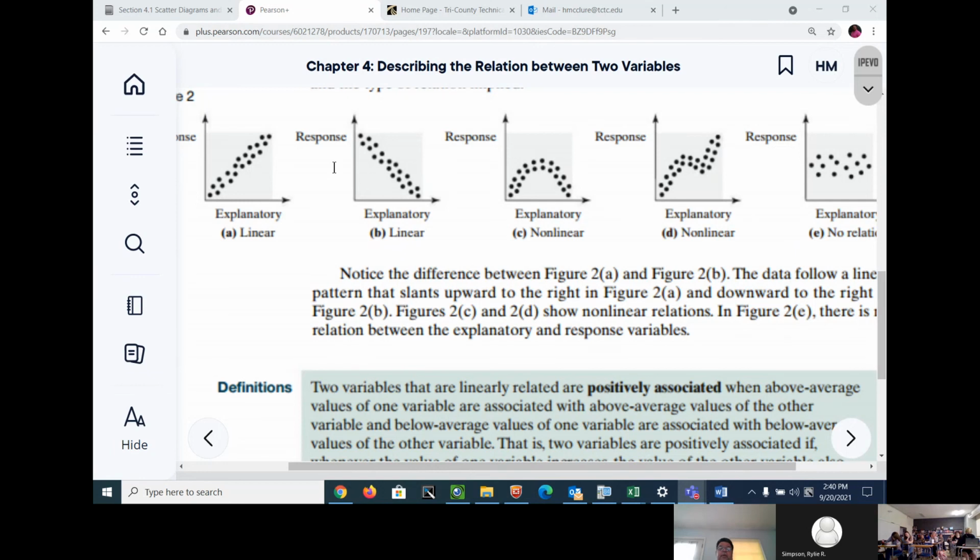Okay. So make sure you know what this one looks like, this one looks like, and this one looks like.